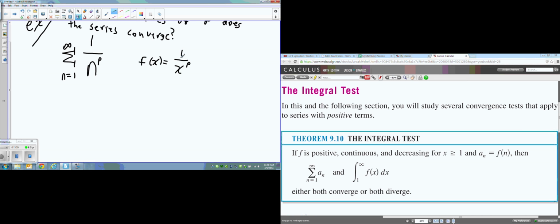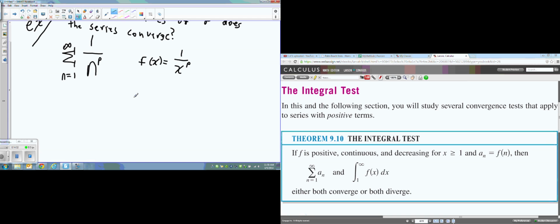Well, it's 1 divided by integers raised to the power of p. So let's see if this would be decreasing. We can always use the first derivative test.